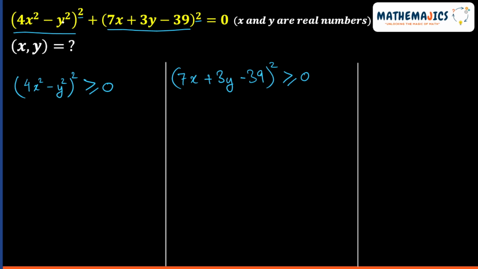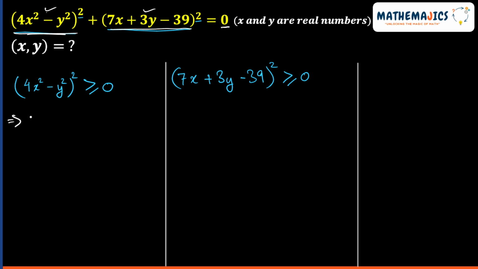Please see that two terms are adding up to 0. As I have told you, these two terms can never be negative. Both of them will be positive or 0. Now, there are no two positive numbers which can add up to 0. That means both of these terms will be 0 to satisfy this equation.